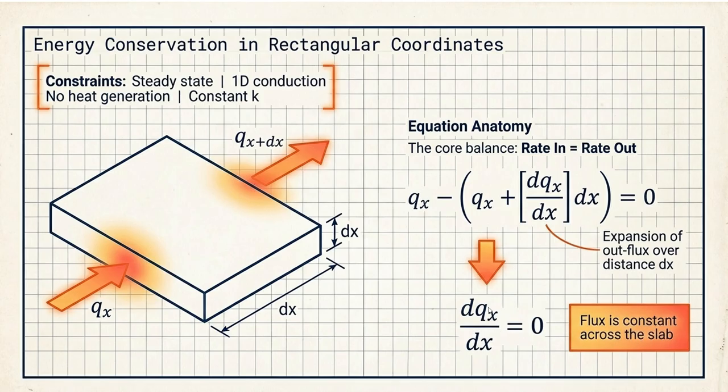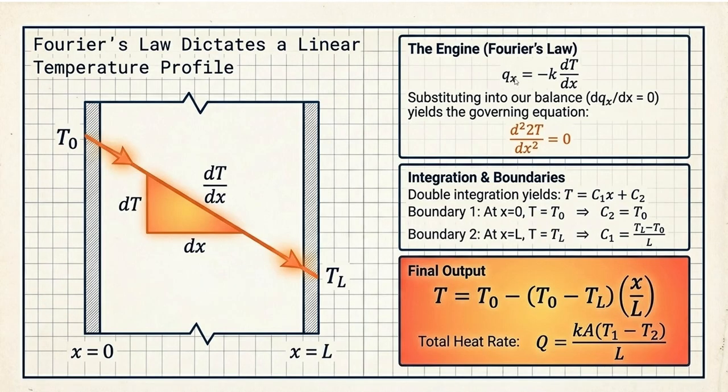Now we'll substitute qx equals minus k dT by dx. That is Fourier's law of heat conduction, and we'll get a temperature profile on integrating that particular expression. So as you can see, this is our Fourier's law, qx equals minus k dT by dx. Substituting this in our previous equation, dqx by dx.